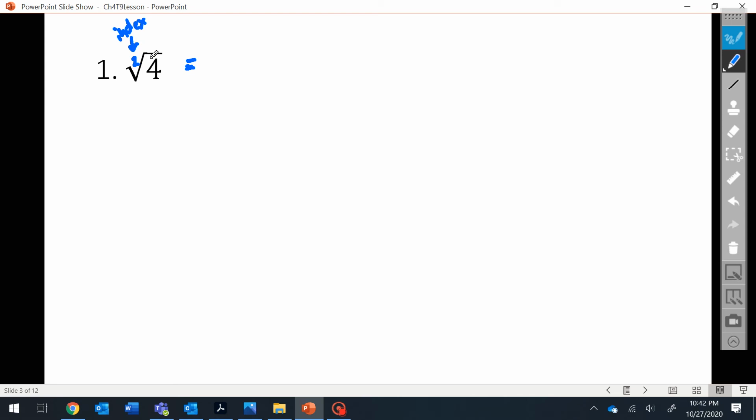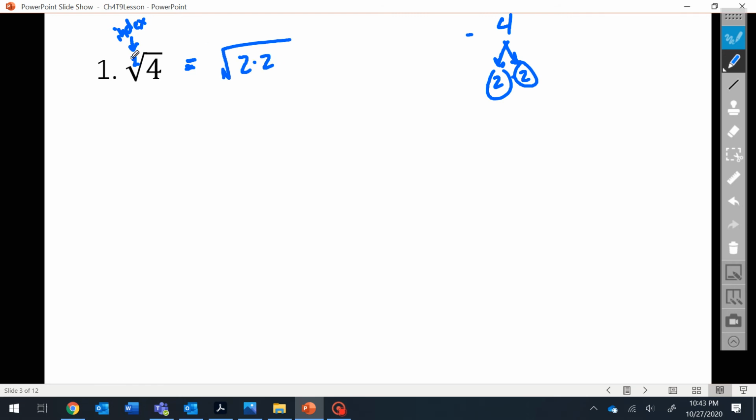So when we're looking at the square root of 4, we want to know the factors of 4. And if we can find any two of a kind factors, we can bring them outside the radical. If you think about 4, and we use a factor tree, then 4 is 2 times 2. So we can rewrite the square root of 4 as 2 times 2.